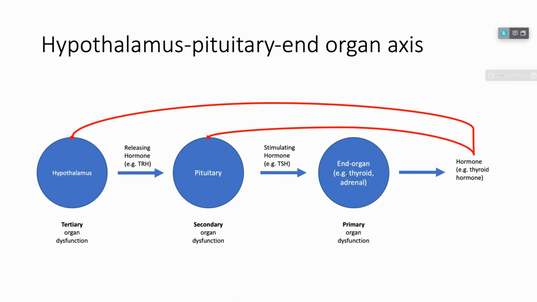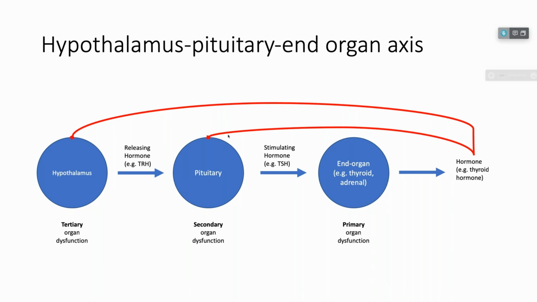So let's use the same example with the hypothalamus. If I have primary hypothyroidism, I'm going to make more or less T3, T4? Less. Exactly. So if I make less T3, T4, what effect is that going to have on my hypothalamus? You will increase the amount of TRH. Good. Why?